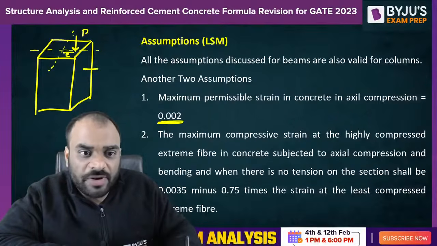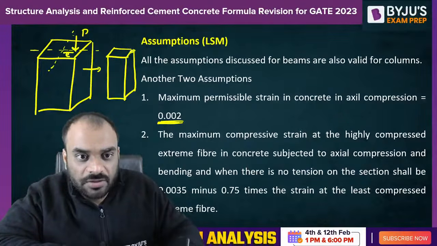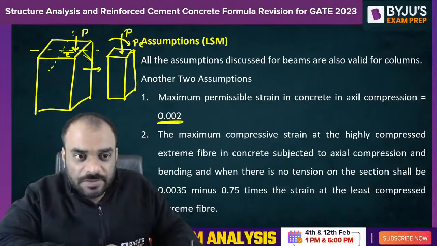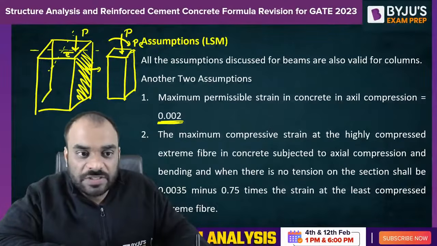Now there are two types of effect on this column: one is direct compression, second is bending. One is P, which is direct compression, and second is moment, P into e.